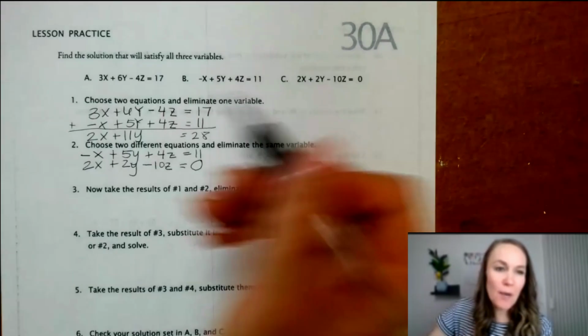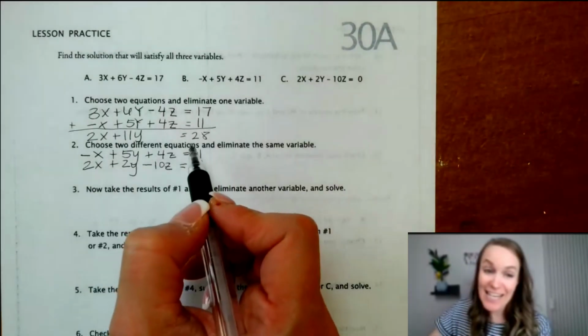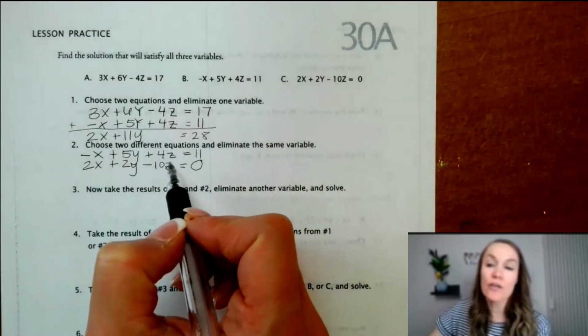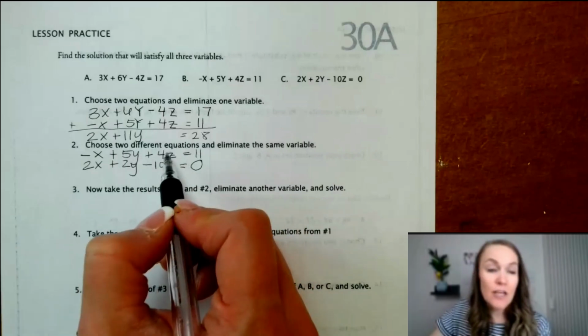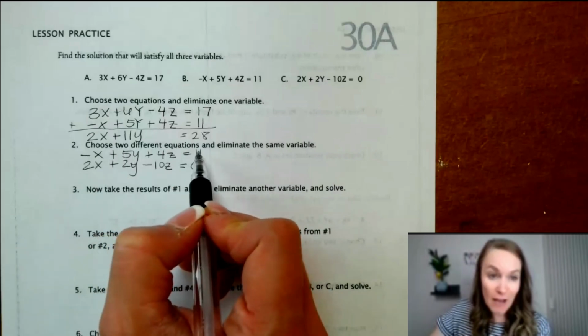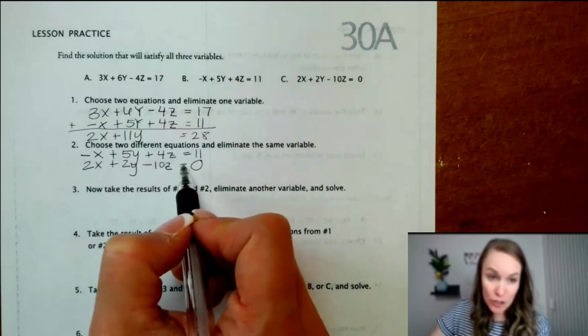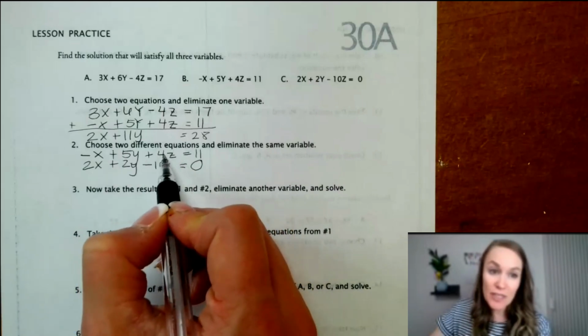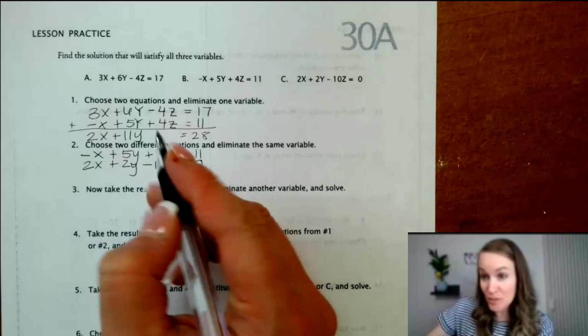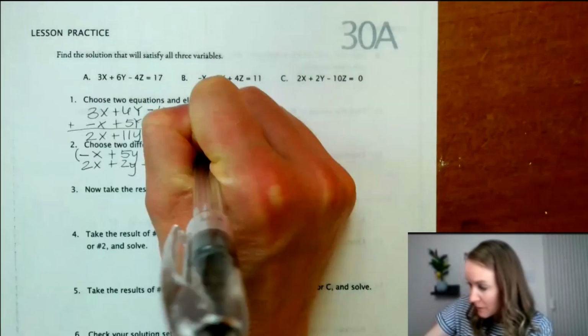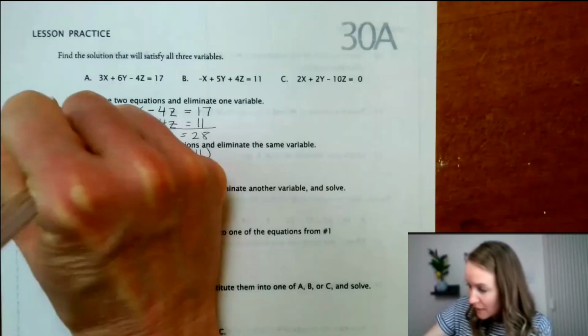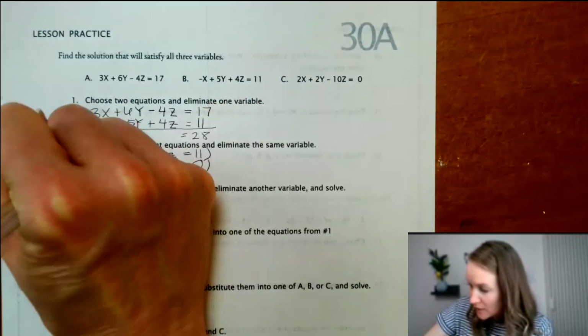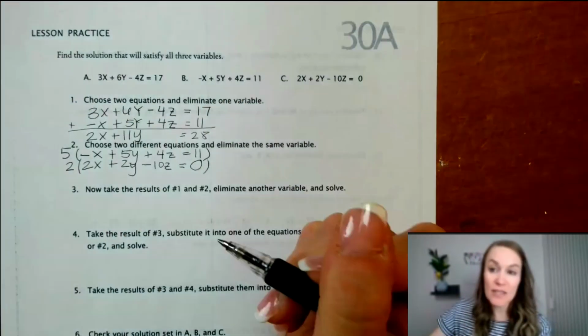Okay, so this top one, I'm going to have to multiply by 10. And this actually, I could multiply by 5. So I can multiply this top one by 5 and this bottom one by 2. And that would give me 20z and 20z. So that's what I'm going to do. So multiply this by 5 and multiply this by 2. And they're opposite signs, so that's good.